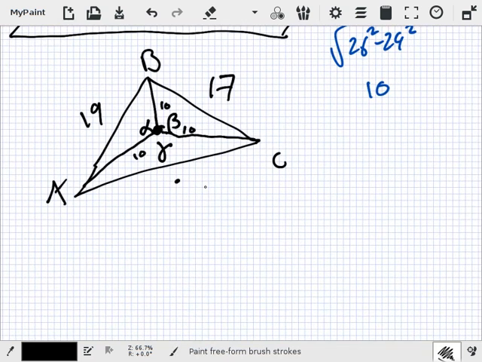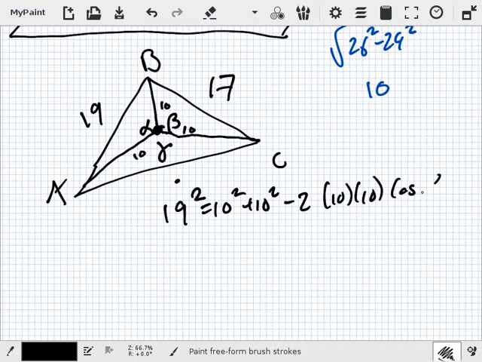So what will give me alpha? The cosine rule. Yeah. So I can say 19 squared equals 10 squared plus 10 squared minus twice times 10 times 10 times cos alpha. Is that okay? Shall we get the alpha here?